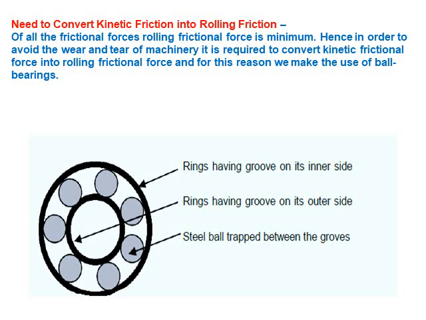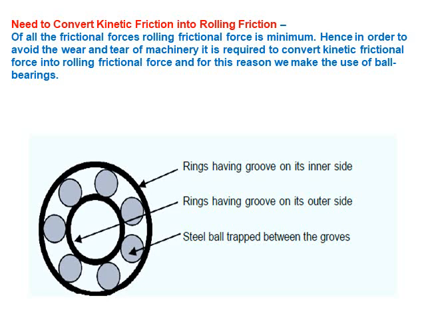Now, why is there a need to convert kinetic friction into rolling friction? Because when a wheel rolls without slipping over a horizontal plane, the surfaces at contact do not rub each other. The relative velocity of the point of contact of the wheel with respect to the plane is zero if there is no slipping.